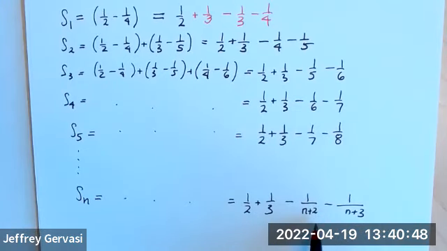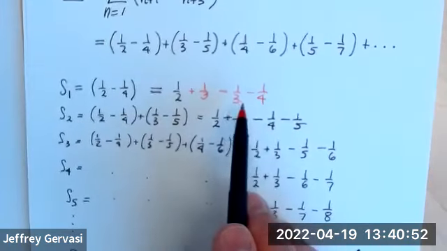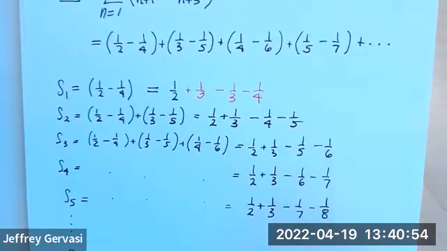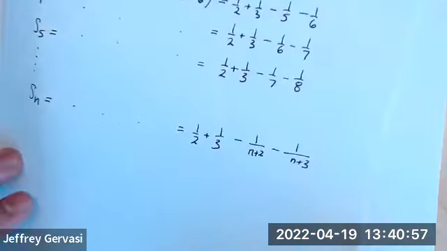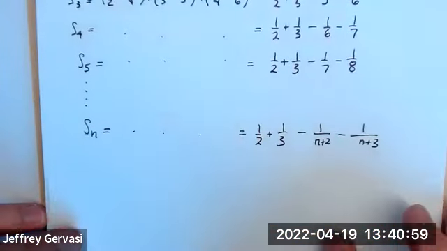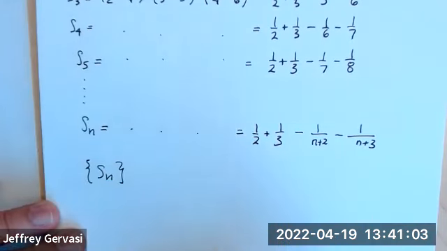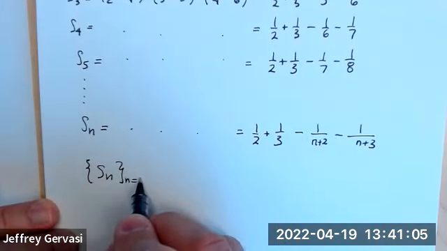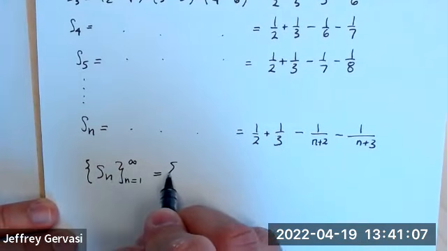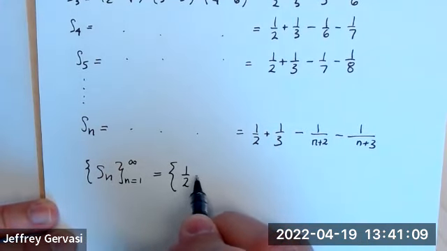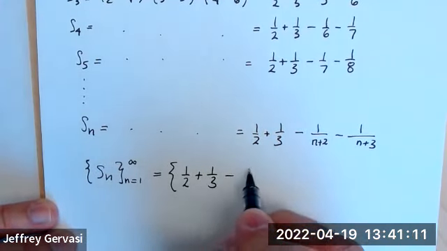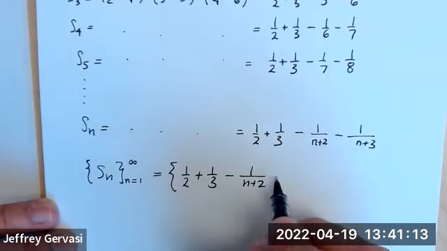Okay, when n is equal to 1, we would have a 3 and a 4. And that's exactly what we have here, a 3 and a 4. So here's our sequence of partial sums with the fancy notation. Here's the general term right here.